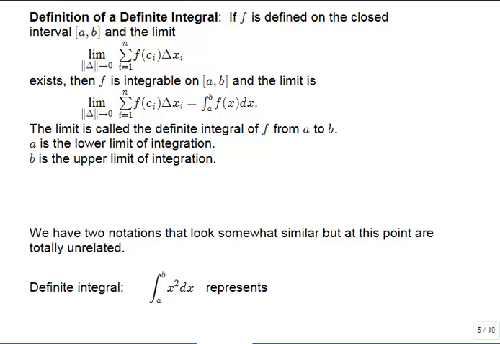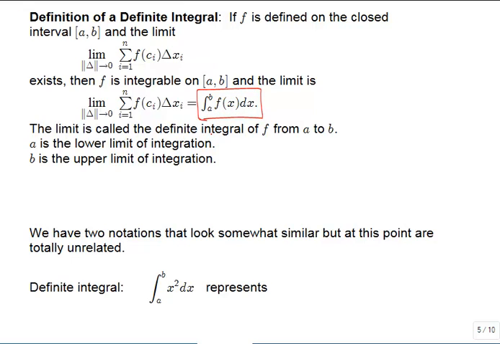So here's the definition. If a function f is defined on the closed interval a to b, and the limit, as the norm goes to 0, of the sum from 1 to n of f of c sub i delta x sub i exists, then we say that f is integrable on that interval, and its limit becomes this definite integral, which has as its notation the integral from a to b of f of x dx.